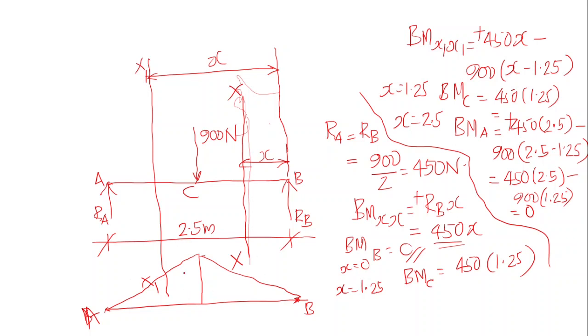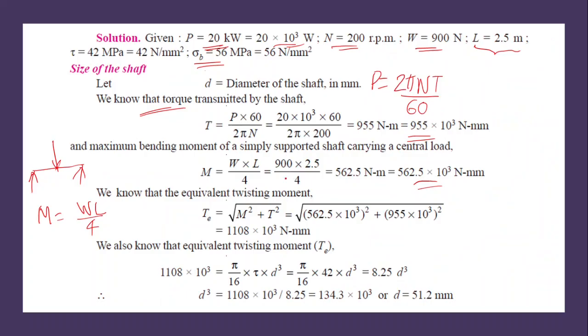Then this is the bending moment diagram, and the maximum value of bending moment is at C, and that value is equal to 450 into 1.25 Newton meter. This value is the same as that one.